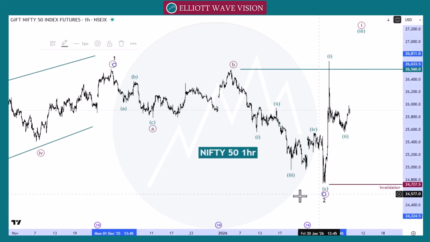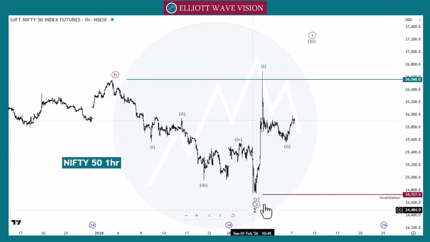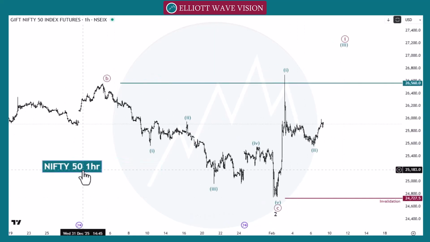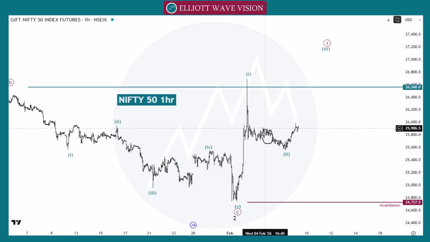After this black wave 2, the market gave us a sharp impulsive move as a 1, 2, 3, 4 and wave 5. So now at this point, that's also possible. The market already completed its correction as a wave A, wave B and wave C. If this is the case, the market completed its wave 2.